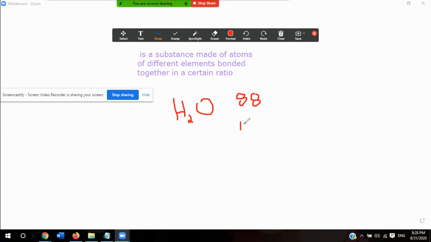It doesn't matter if it's an ocean or a drop of water; the ratio of that substance is always going to be in proportion, 88 to 12. We also have carbon dioxide, which is another type of compound.